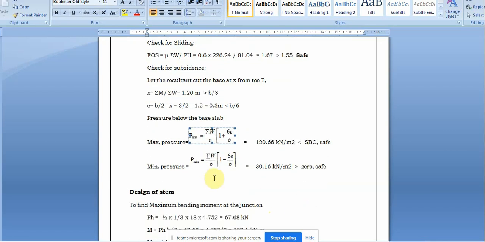Next, the minimum pressure will be 226 divided by 3, 1 minus 6 into 0.3 divided by 3. We get 30 kilonewtons per meter square as the minimum pressure at the heel end, which is also greater than 0. Hence, it is safe. Both the maximum pressure as well as the minimum pressure are safe here.